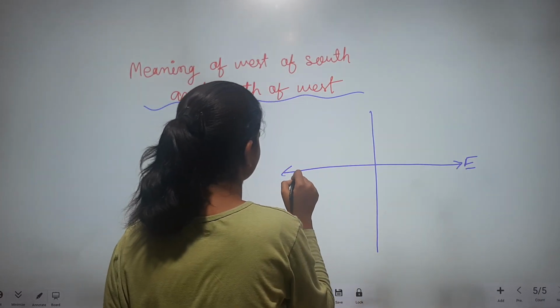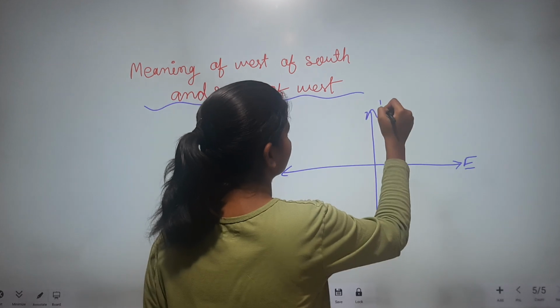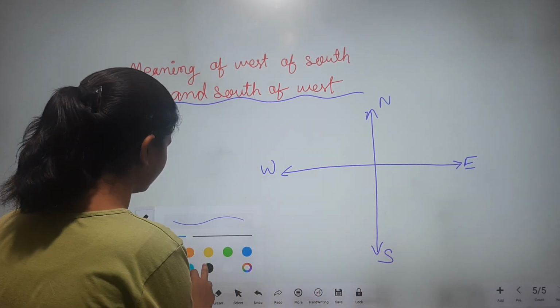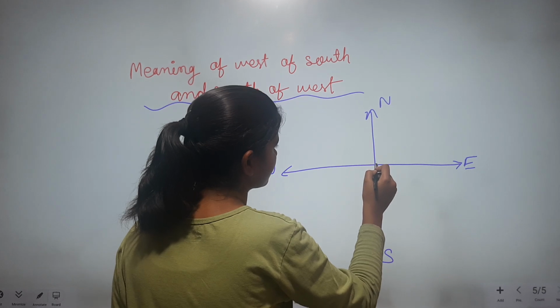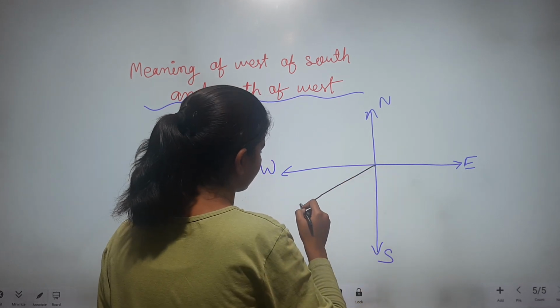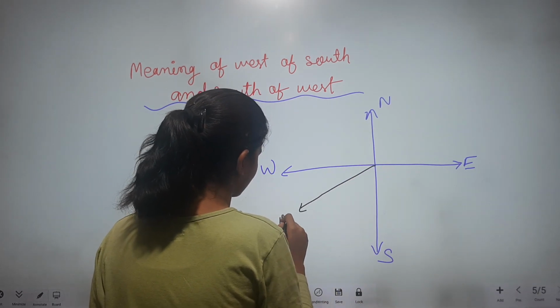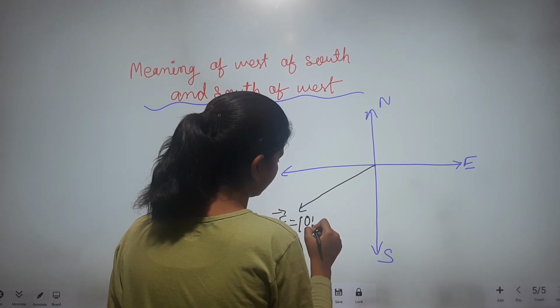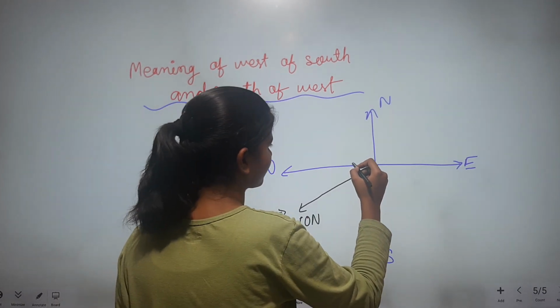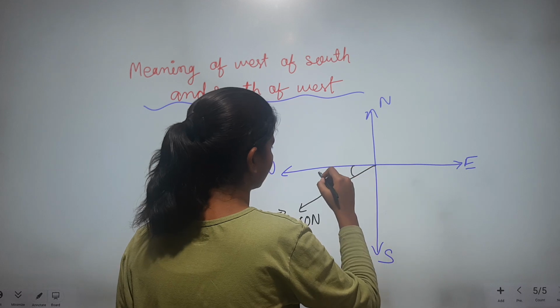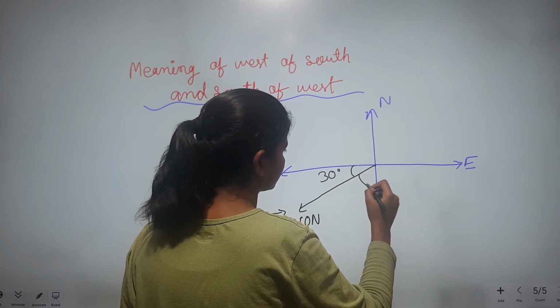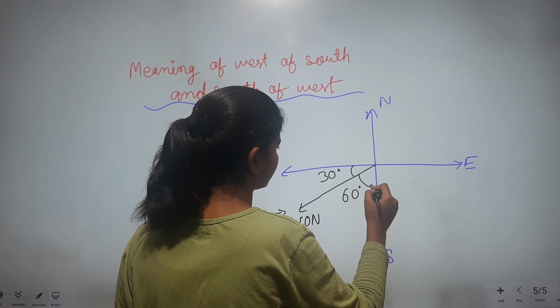East, west, north and south. Okay. This one is 10 Newton. Okay. Then this angle is our 30 degree. This one is our 60 degree. Okay.